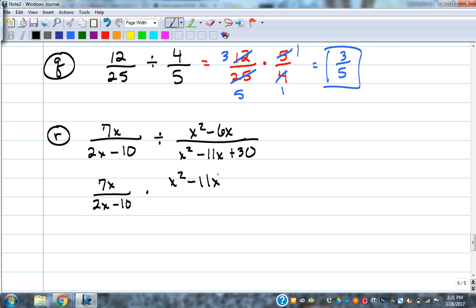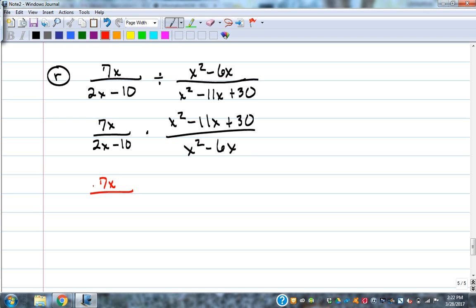So this is how I'd see that problem in the book and I'd rewrite it this way. I'd see that problem on my test or my quiz and I'd rewrite it this way before I even started thinking about working it. And then I would start doing my job.